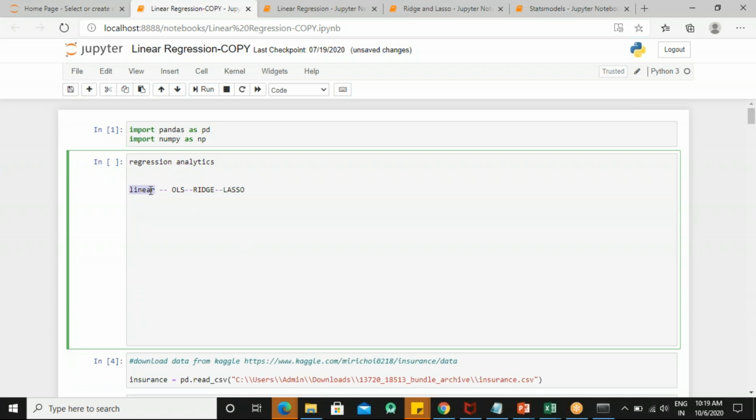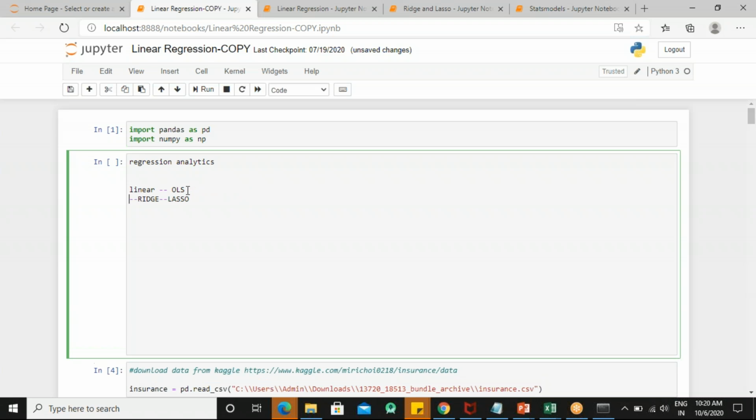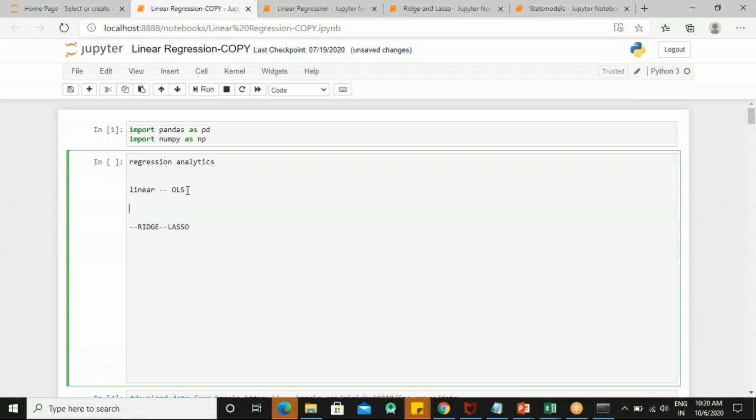Okay, so now we are again back to the linear regression, and there is OLS, ridge and lasso. These are the three. Now we will be talking about the need, like why the need of ridge and lasso came. Okay, so as you guys are already aware, और हमने कल भी बात की थी कि OLS या ordinary least square method internally has an equation y is equal to mx plus c, where our whole purpose is to calculate this m, right?